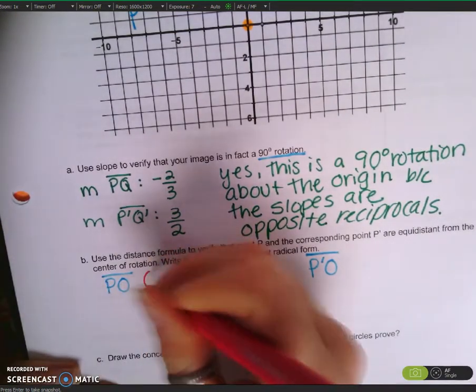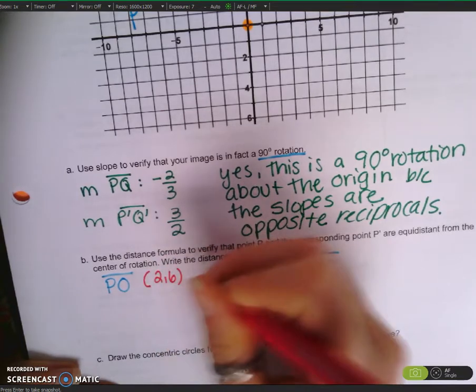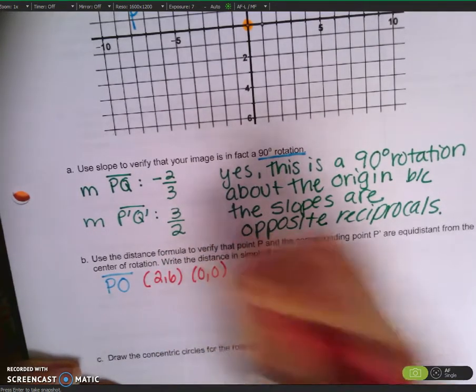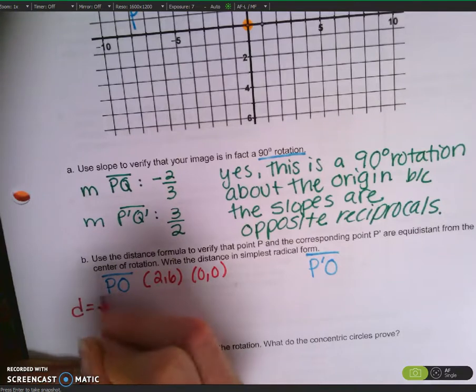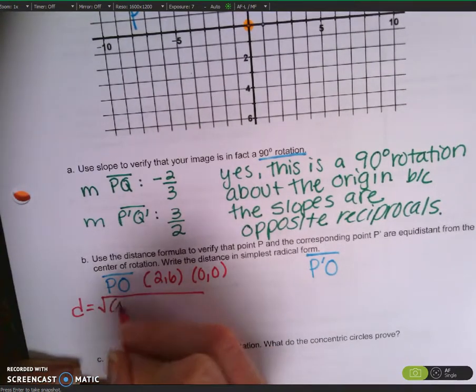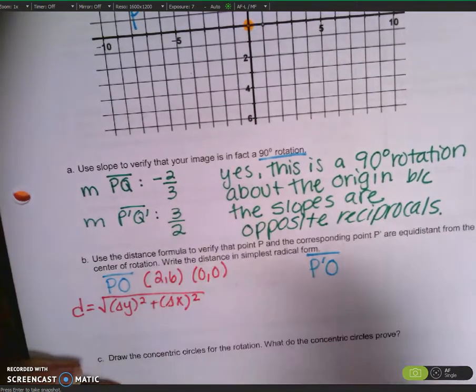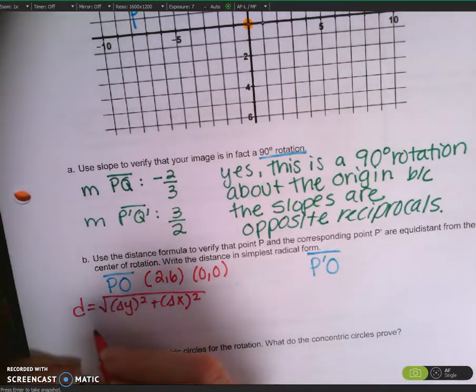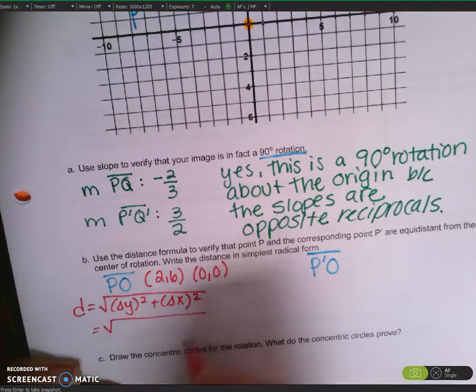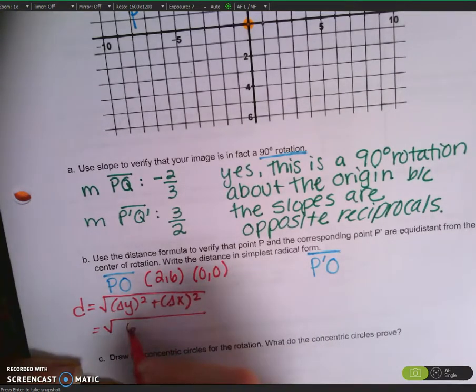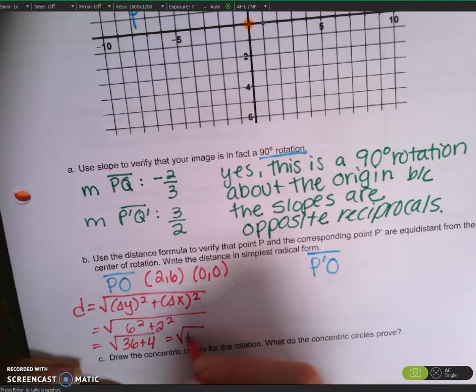Remember, P is 2, 6, and O is the origin 0, 0. The distance formula is the square root of the change in y being squared plus the change in x being squared. We substitute in those numbers. 6 minus 0 is 6. 2 minus 0 is 2. 6 squared is 36. 2 squared is 4. 36 plus 4 is radical 40.